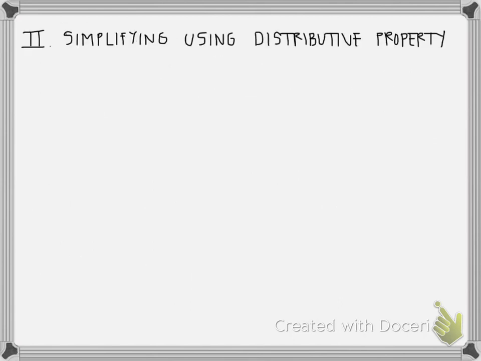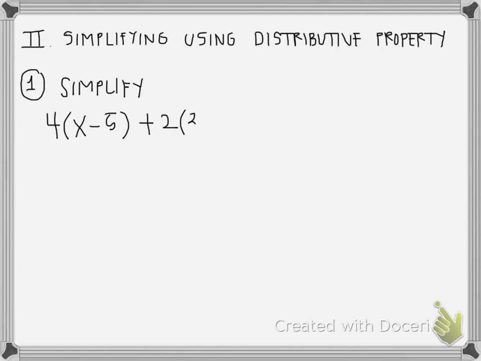Alrighty. So let's use the distributive property to simplify our algebraic expressions. Okay, so if I wanted to simplify this algebraic expression, the first thing I would do is distribute our number that's on the outside.